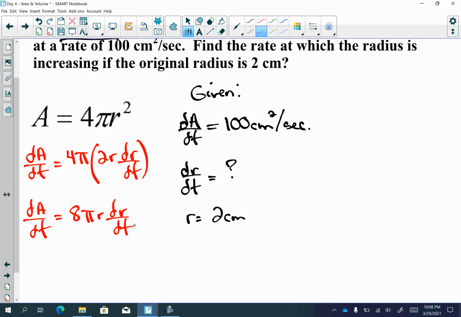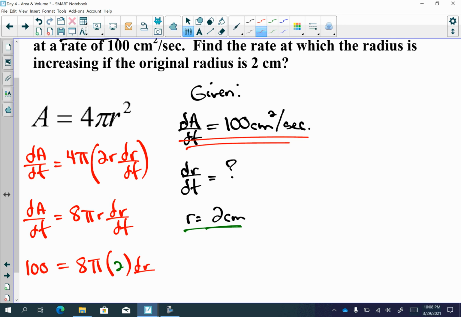And now it's time to go filling things in. This is 100 centimeters squared per second. My r value is 2 centimeters. And I'm looking for dr over dt.